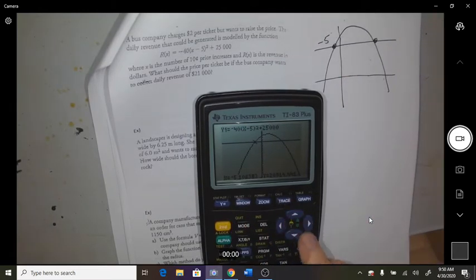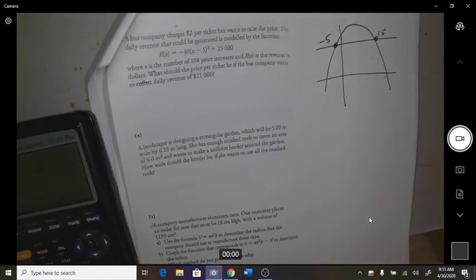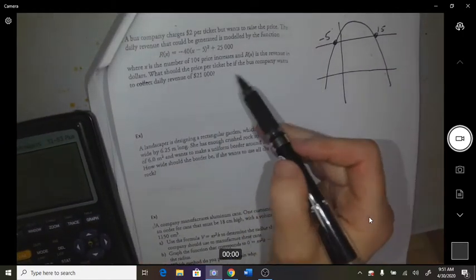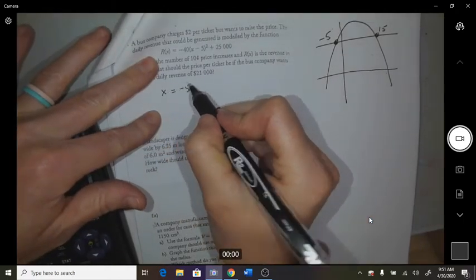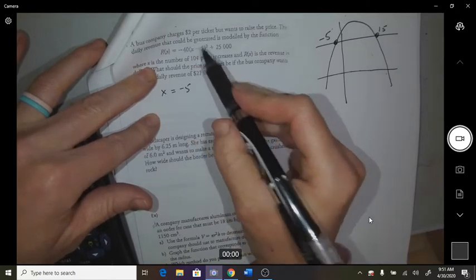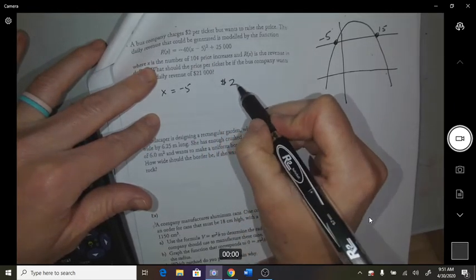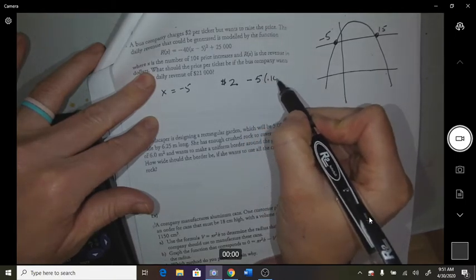Okay, I'm just going to move my cursor over there. Oh, that's actually pretty close. I was actually right on. Intersection 1, 2, 3, and we get 15. Okay, so if x was negative 5, we started at $2, and then we would go down 5 increments of 10 cents.